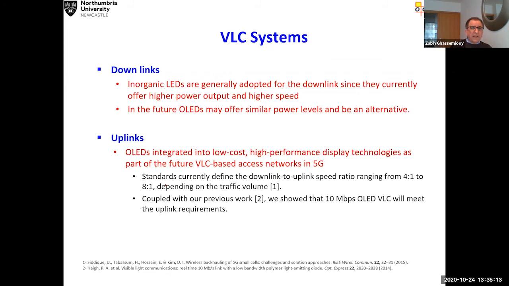Of course, uplink by definition is much lower speed than downlink, because most of the time we are receiving information. So they don't have to be symmetrical in terms of speed. They can be asymmetrical. Or you can mix it with Wi-Fi if you wish to. You can have your download on Wi-Fi and then uplink on Wi-Fi if you want to do that.